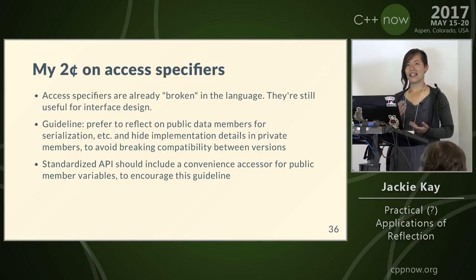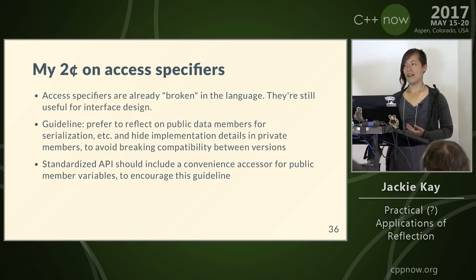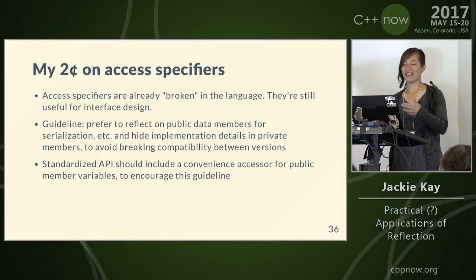I do think it's very uncommon, actually, to have what I showed on this slide, which is using 0 or a compile time index to directly grab a member pointer, but you can do it. So in order to follow the rule that arbitrarily modifying private members from any scope is not a good feature of the language, it seems like the wording in the standard should be made careful for that. And I also think the get public data members convenience accessor is very important for that reason.